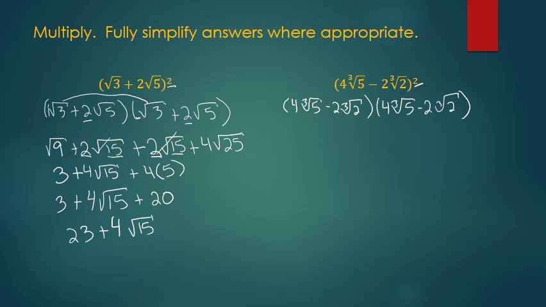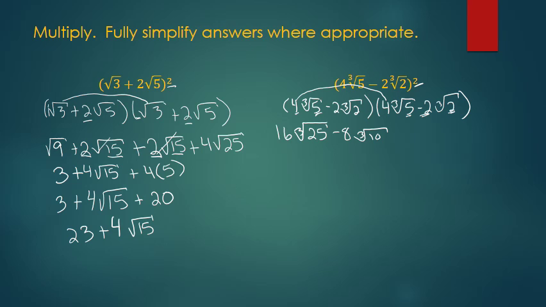Okay, so my first step is to multiply the first terms. So I have 4 times 4, which is 16. Cube root 5 times 5, which is 25. Now I have 4 times negative 2, which is minus 8. Cube root 5 times 2, which is 10.